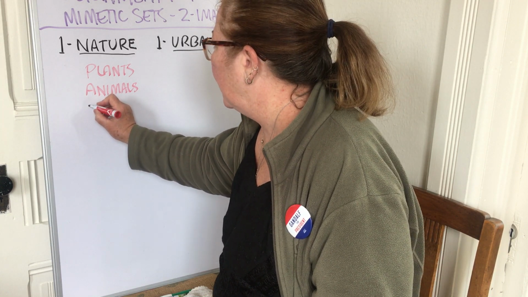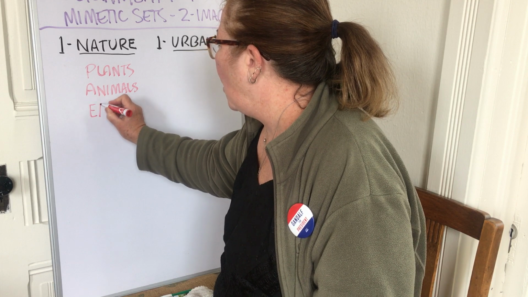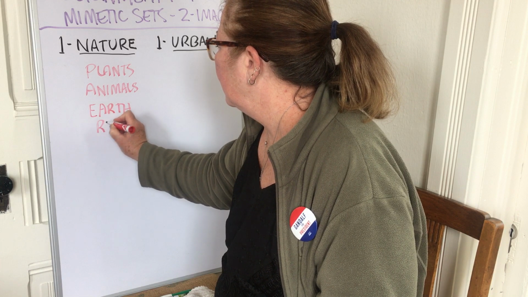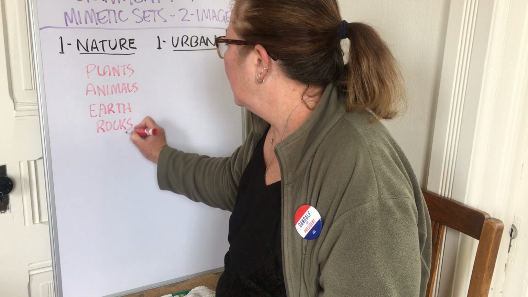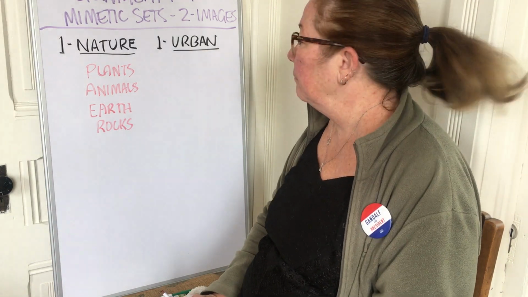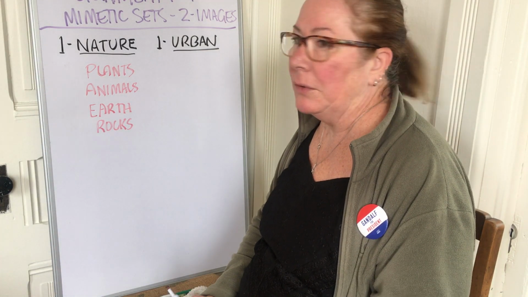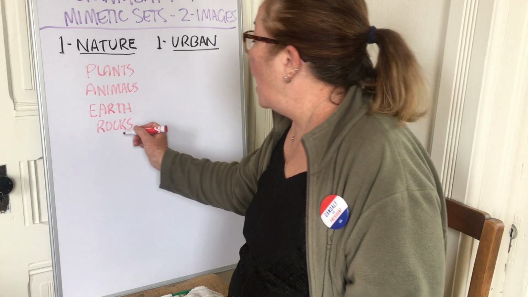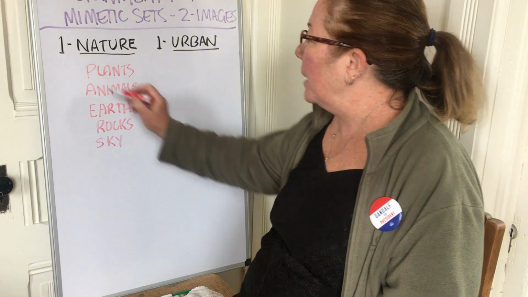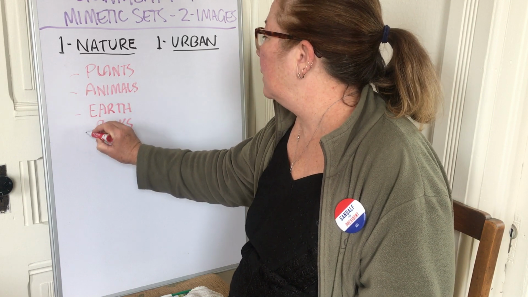The earth in general, so dirt and rocks. What else? What else can we find in nature? Got plants, animals, earth, rocks, sky, right? We can see the sky. So that's pretty much the kind of things you can find in nature.